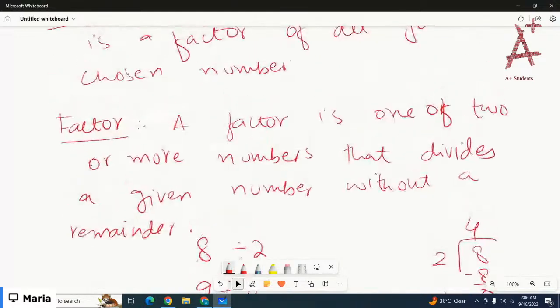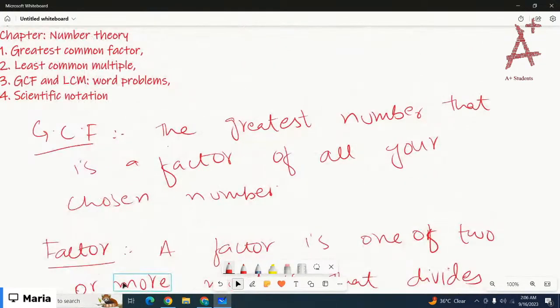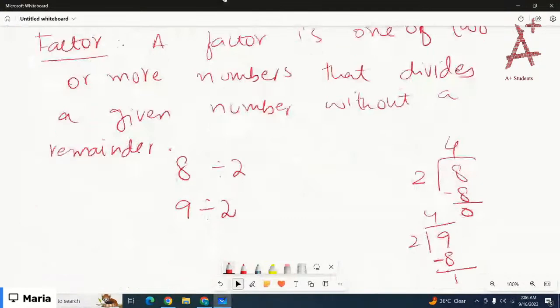So we're talking about GCF, greatest common factor: the greatest number that is a factor of all your chosen numbers. Let's do an example for GCF. Let me write down some numbers. We'll calculate the GCF of the given numbers.